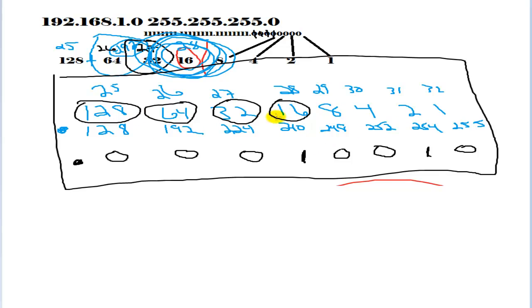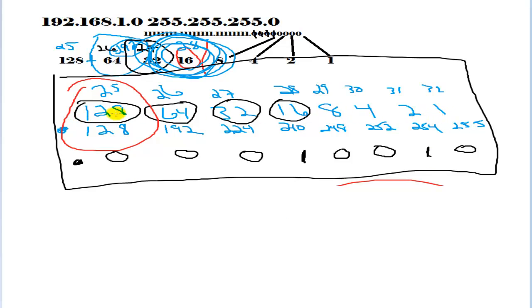If you were dealing with a Class B, what would increase would be your hosts. Your network would stay the same, and for this network here, you can have 128 hosts per network. But with a Class B, these numbers here would keep adding up and doubling.